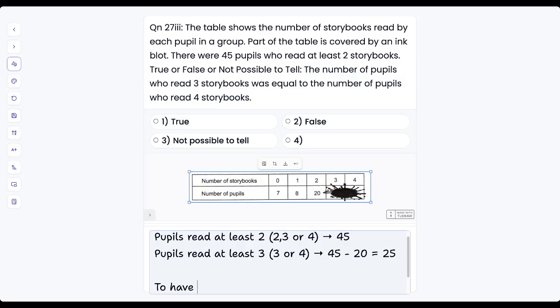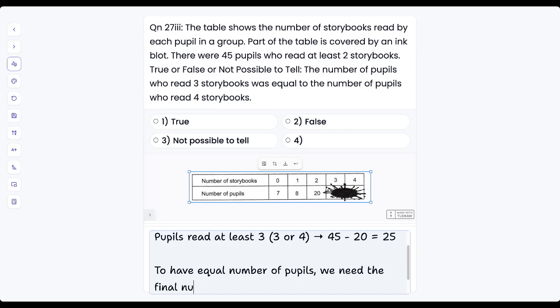So for the number of pupils who read 3 storybooks to be equal to the number who read 4, we need the total to be even, right?